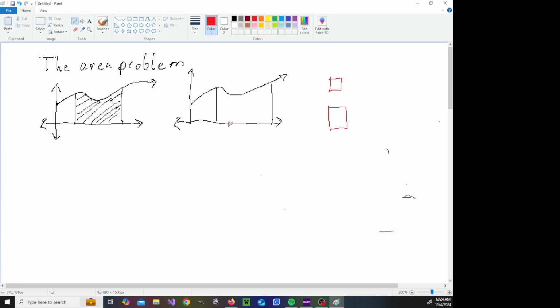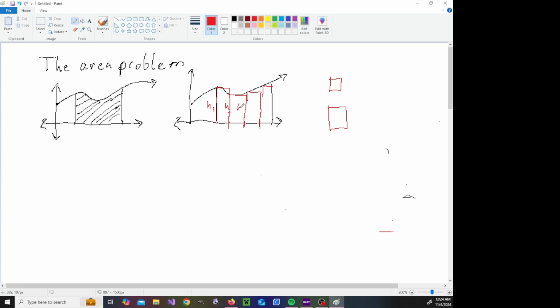So let's say I wanted to break this up into 4 rectangles and approximate the area using these 4 rectangles. Well, what is the height of each of these rectangles?